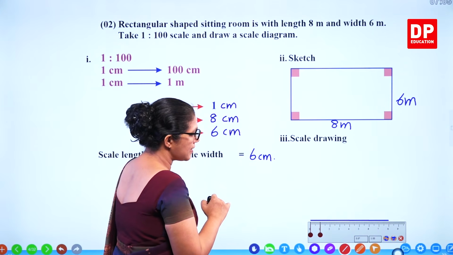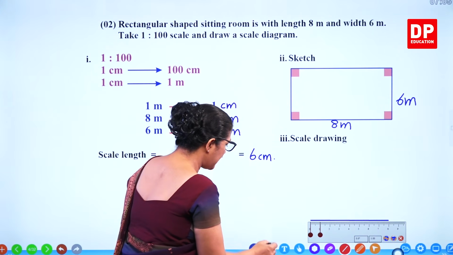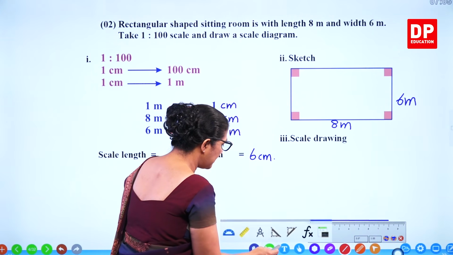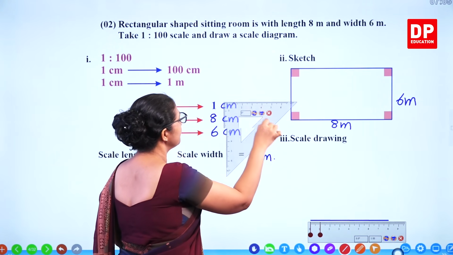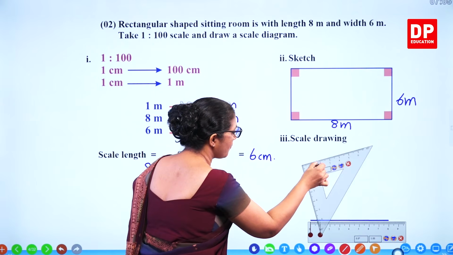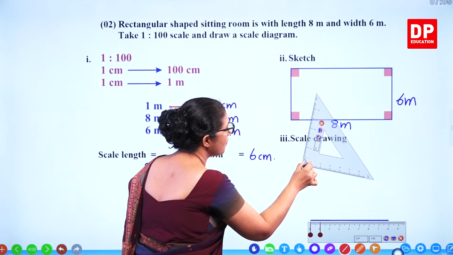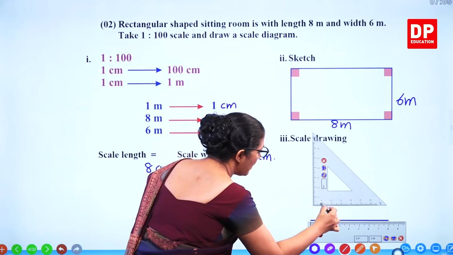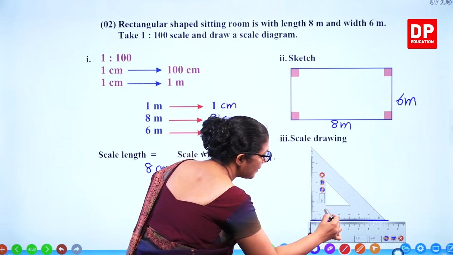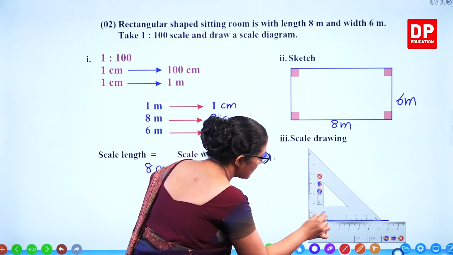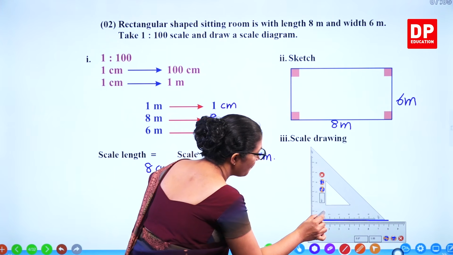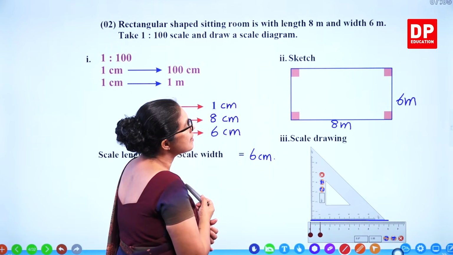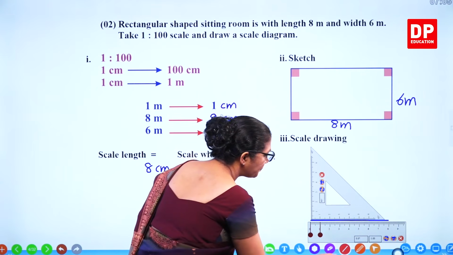That's 8 centimeters. Now we'll take the set square and keep it on top of this line like this, and you need to draw 6 centimeter length.